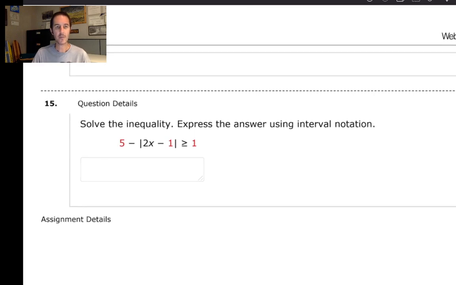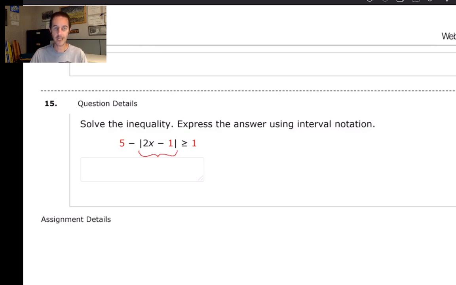And this is an absolute value inequality. I probably have a video about this on my channel. You can go and find a video about it somewhere else. Remember that if you multiply or divide either side of an inequality by a negative number, that you need to flip the sign. And your first task in working with an absolute value inequality is to get the absolute value all alone on one side of the inequality first.